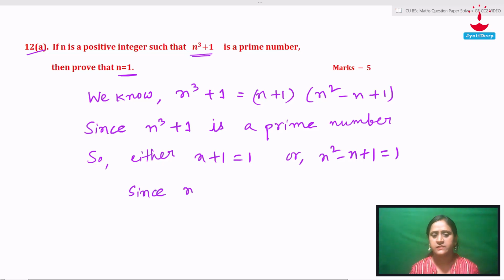Since n plus 1 is not equal to 1, okay, so n square minus n plus 1 is equal to 1.